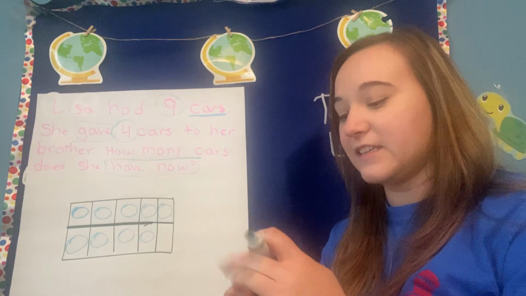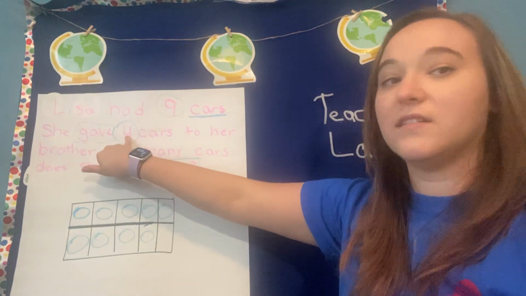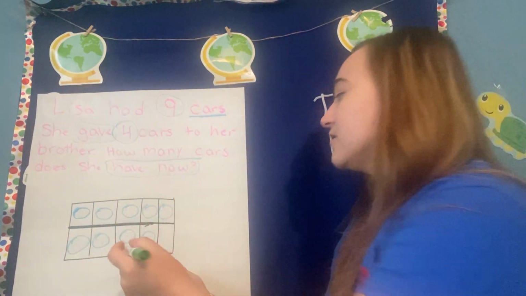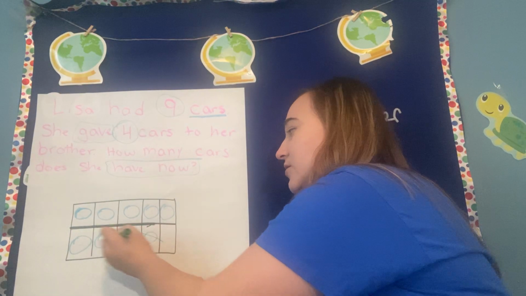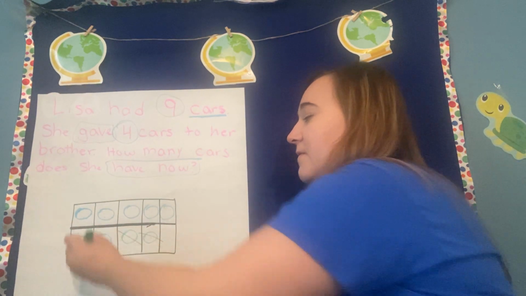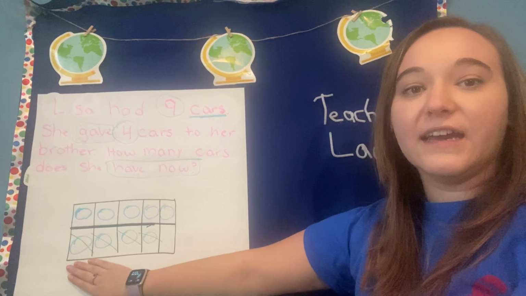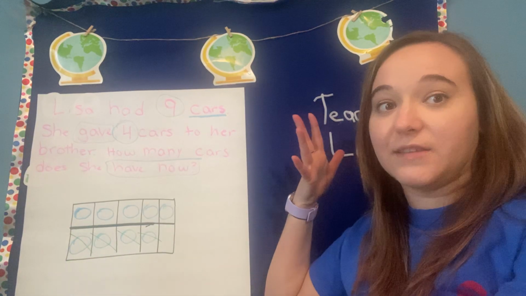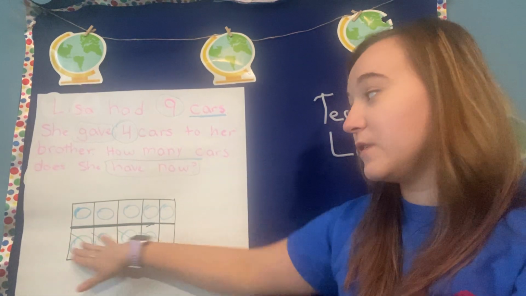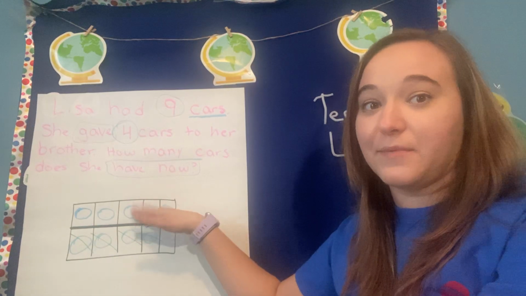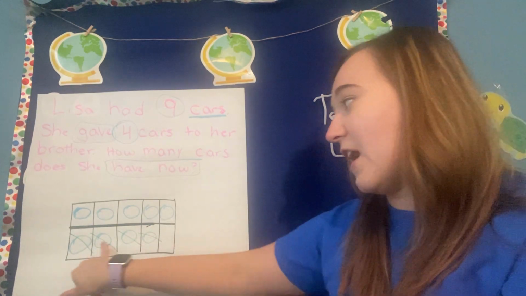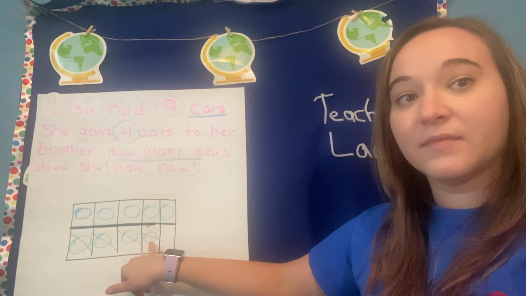So how many do I need to cross out? 4, good. So count with me. 1, 2, 3, 4. So I just found out something. Fun fact. We know that there's 5 on the bottom and 5 on the top, right? Boxes, but we only have how many on the bottom? 4.